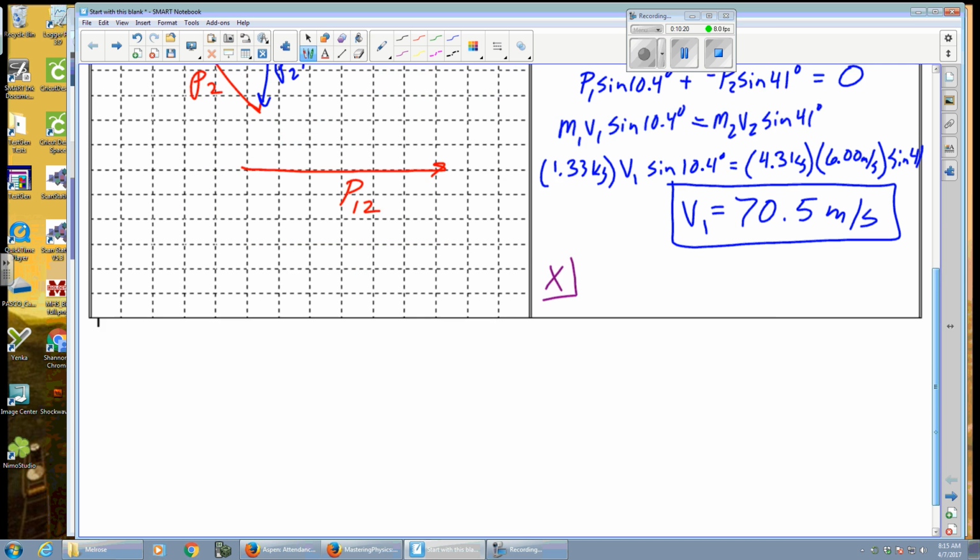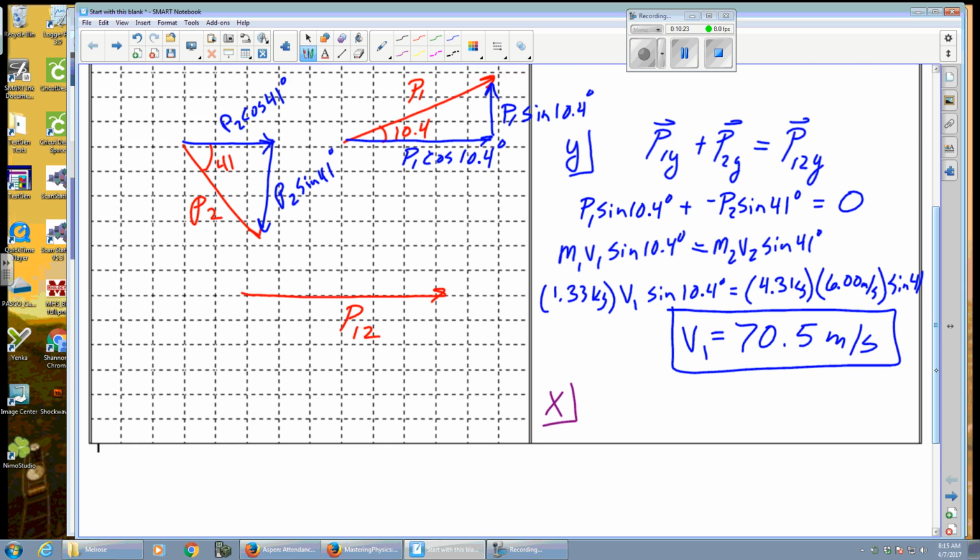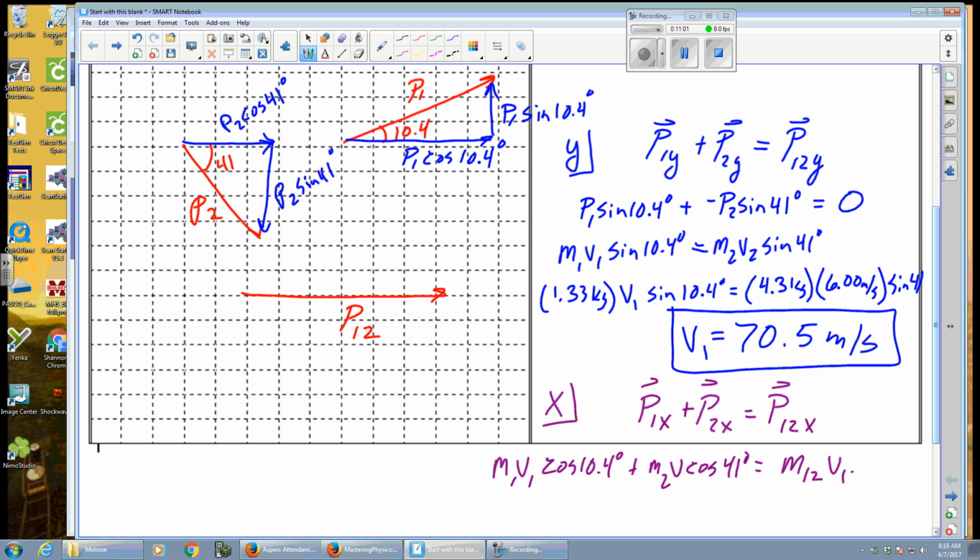And just extend my page. In the x direction, I have the same idea: P1x plus P2x equals P12x. So, skipping a step, M1 V1 cosine 10.4 degrees plus M2 V2 cosine 41 degrees equals M12 V12.